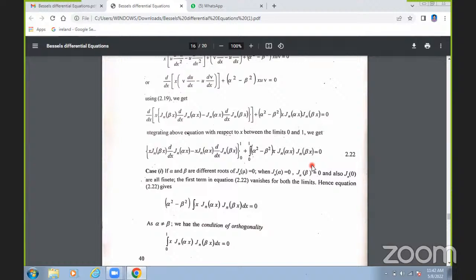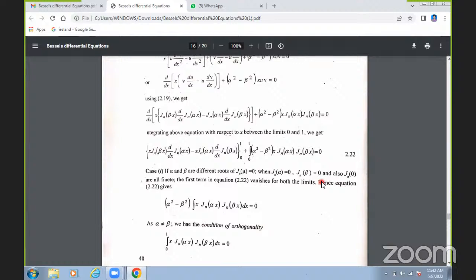Then we'll get two cases. Case one: if alpha and beta are the roots of Jn of mu. So if they are roots, in place of mu we will substitute alpha, and in place of mu we will substitute beta. So Jn of alpha is equal to 0, Jn of beta is equal to 0.